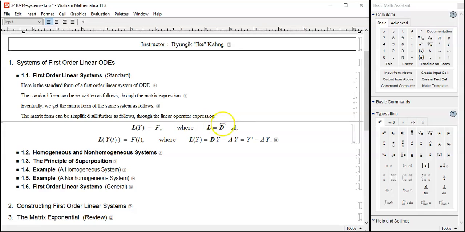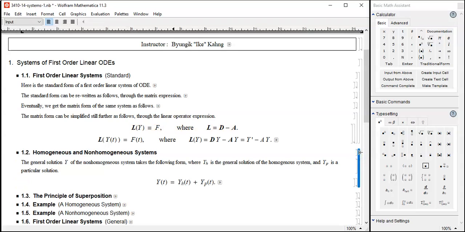Even more so, please note that this is just another linear operator expression, so we can recycle all those theories about linear operators that we went through in chapter 3 and chapter 4, like this one, homogeneous versus non-homogeneous system. For example, if you want to find out the general solution of a non-homogeneous system, this is what we do.